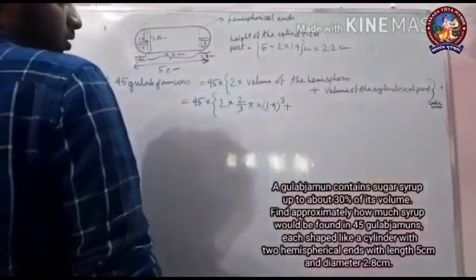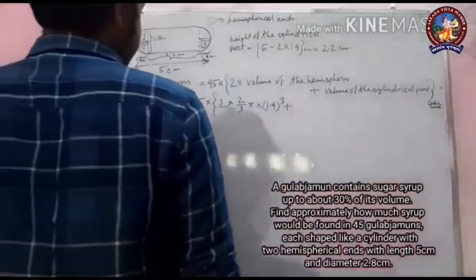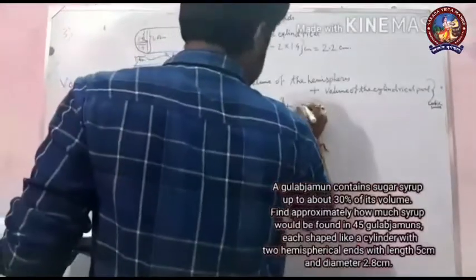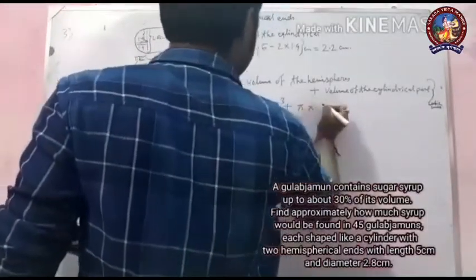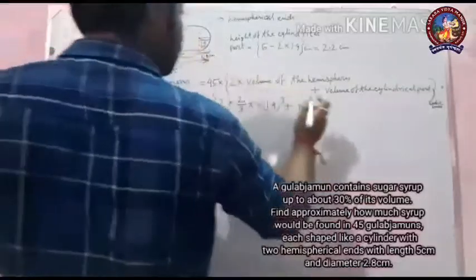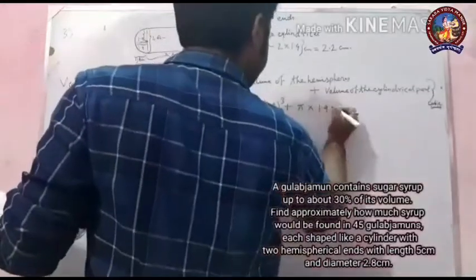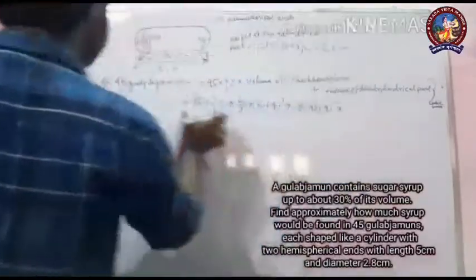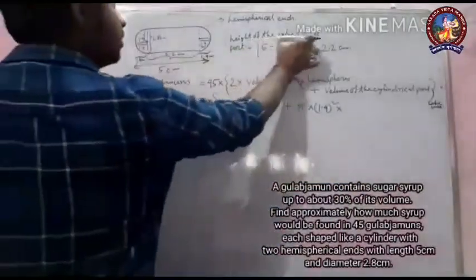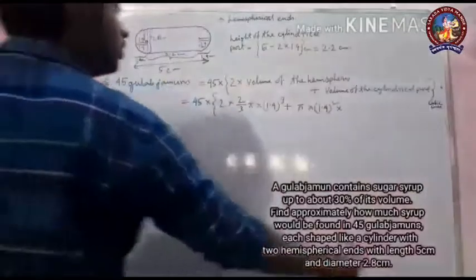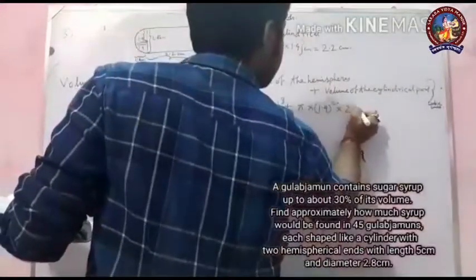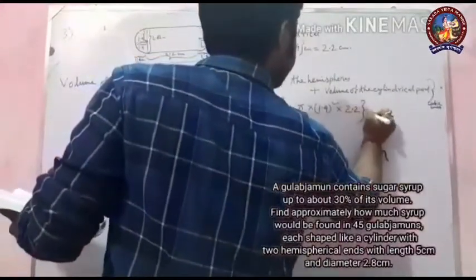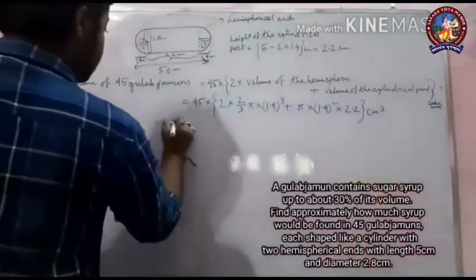The formula for the volume of a cylinder is pi r square h. Here r is again 1.4 and h is the height of the cylindrical part that I calculated, 2.2 centimeter cube.